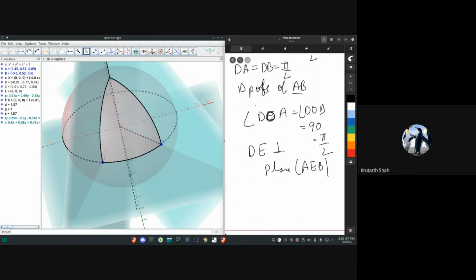But then this is just the definition of the pole. So we have that D is the pole of AB.